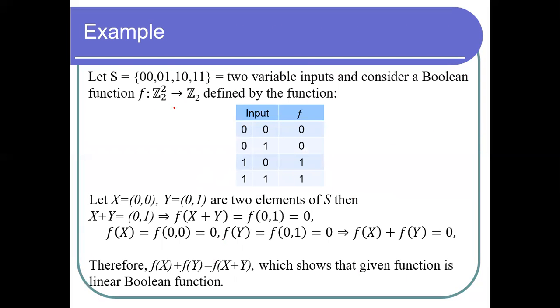Let us take one Boolean function. It is a single valued Boolean function that takes two inputs and maps to a single output. I call this set S: 0,0, 0,1, 1,0, 1,1. Consider this Boolean function.